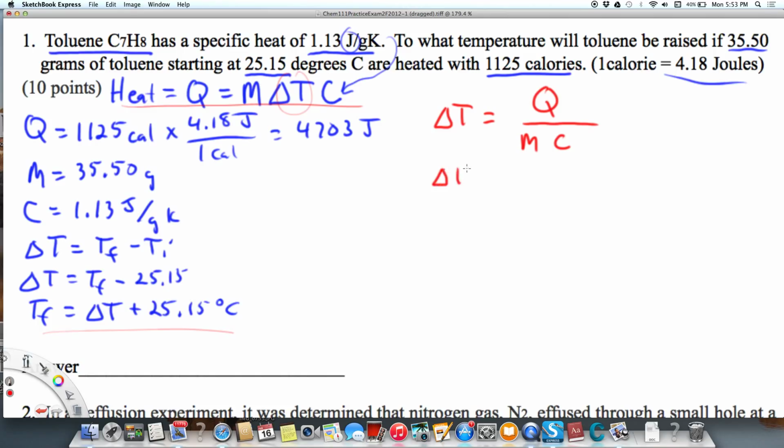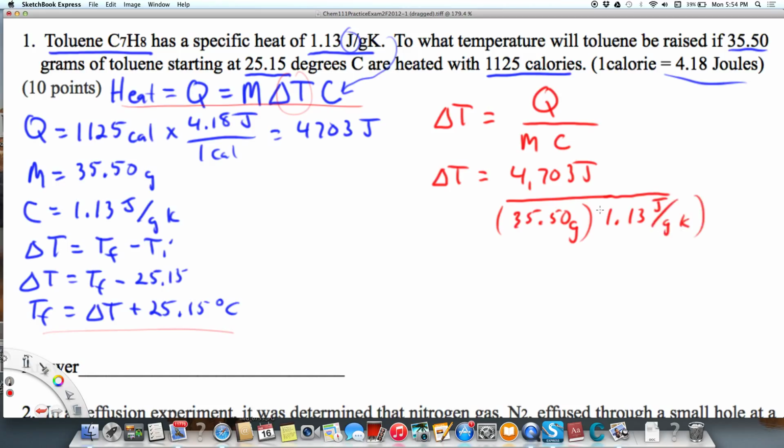So the change in temperature is going to equal 4,703 joules, divided by the mass, which is 35.50 grams, divided by the specific heat, which is 1.13 joules per gram per Kelvin. And remember, the magnitude of 1 degree Celsius is the same as a Kelvin.